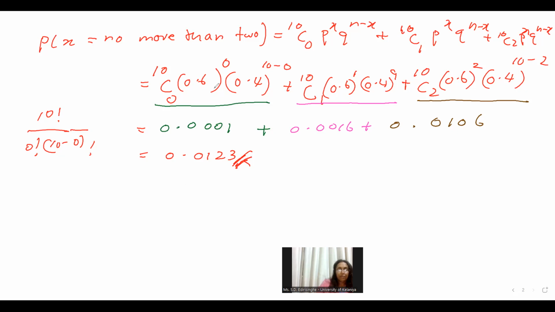So take a few minutes. Here the P equal 6 upon 10, Q equal 4 upon 10, and N equal 10. Same variance and mean.